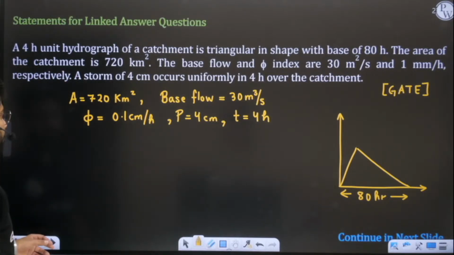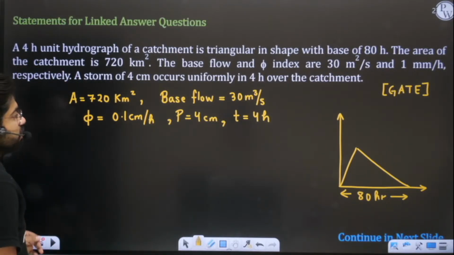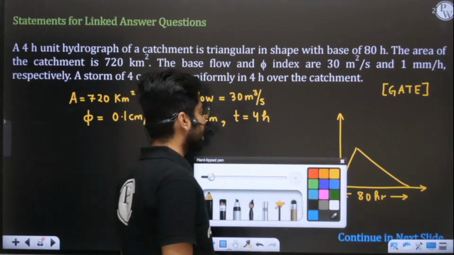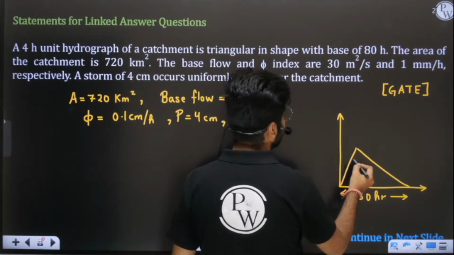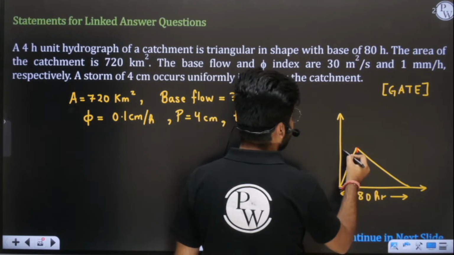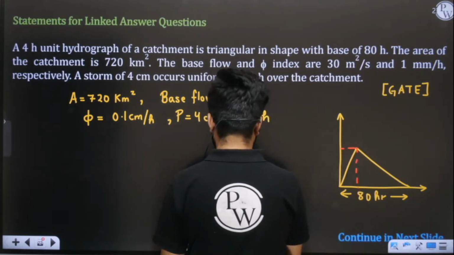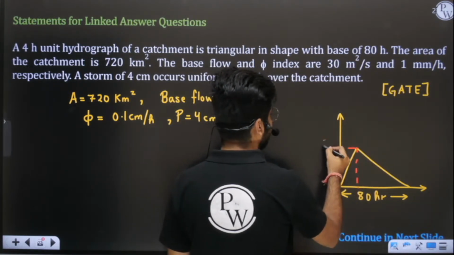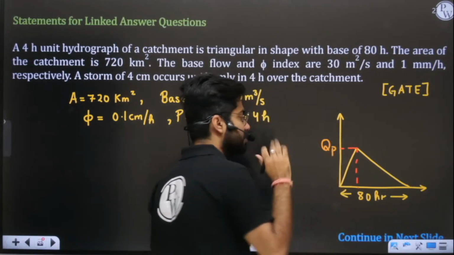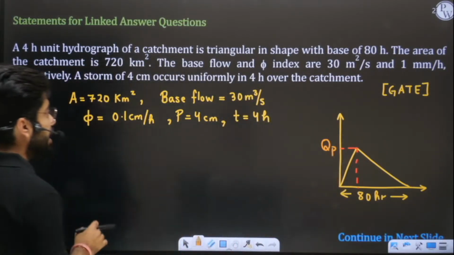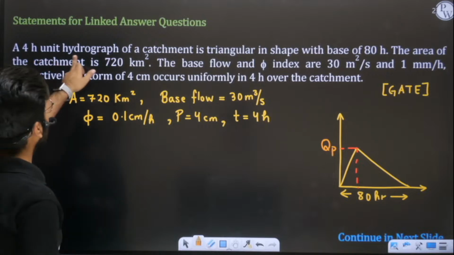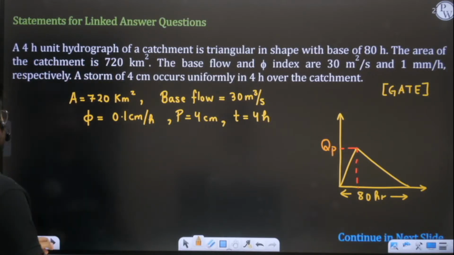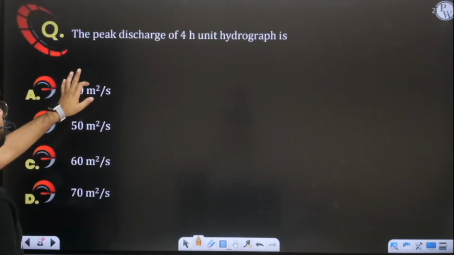From this question, we can directly understand that we have to find the peak discharge. This is the very first step: find the peak discharge of the 4-hour unit hydrograph.